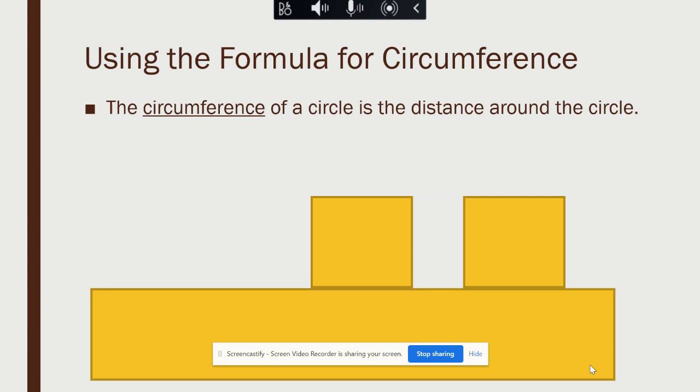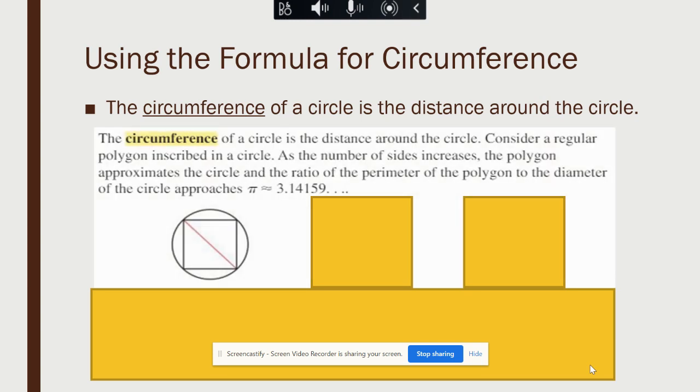The circumference of a circle is the distance around the circle, and it was discovered when mathematicians many years ago were using a polygon inscribed in a circle to find a proportion that they kept noticing. They started with a square, and the diameter relates to the diagonal of a square.